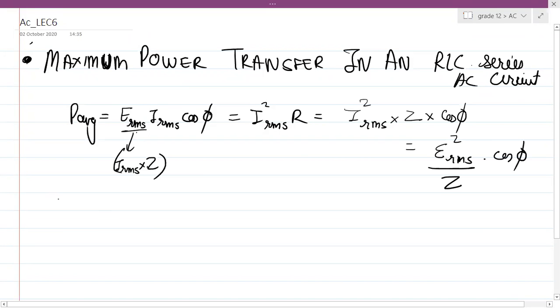Now, the question comes, when is the maximum power transfer? So please write down a note.